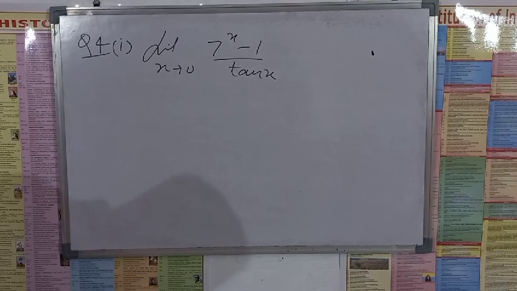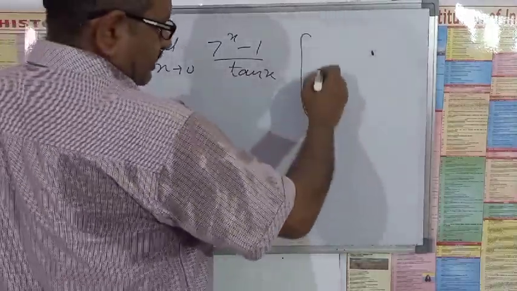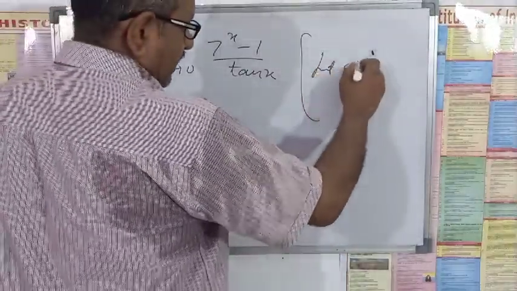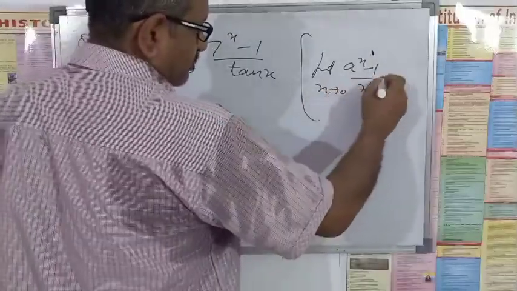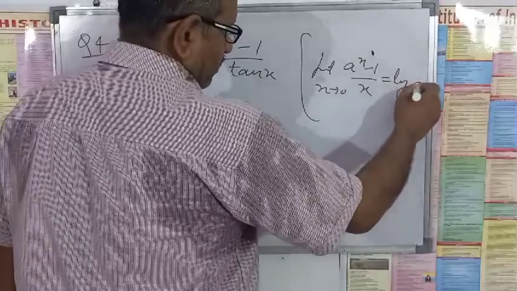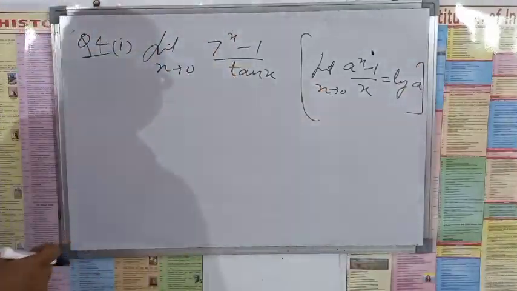We will apply here the result, limit a to the power x minus 1 upon x, x tends to 0. What is the value of this limit? Log a. So we have to apply this result here.